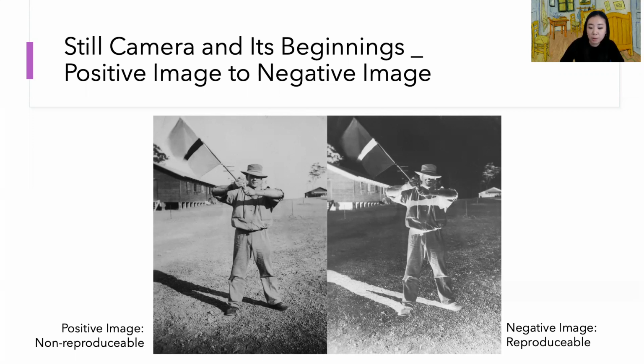The process produces a positive image, an image in which light and dark values appear correctly. The image is unique and cannot be reproduced. The plate is the photograph.